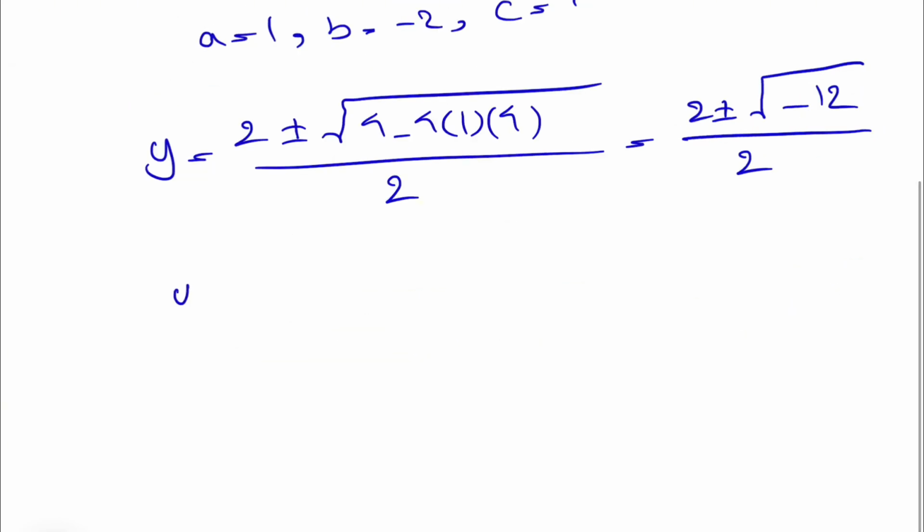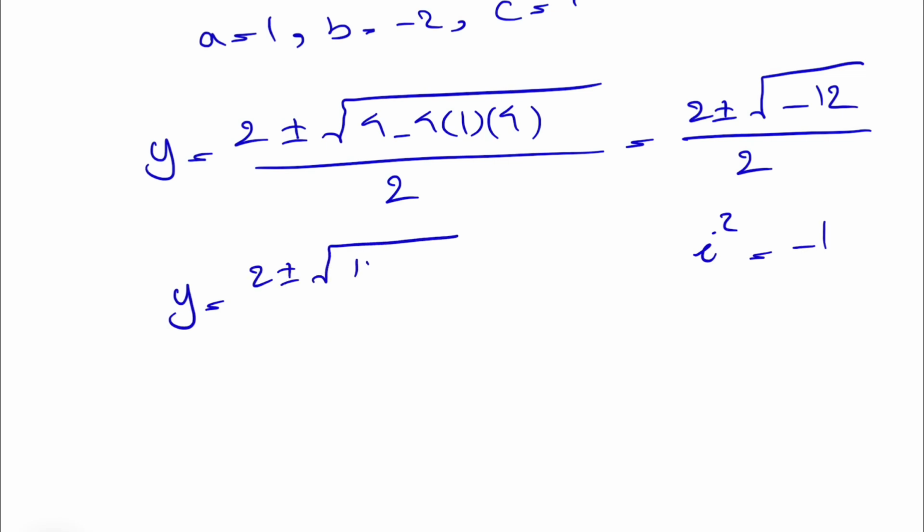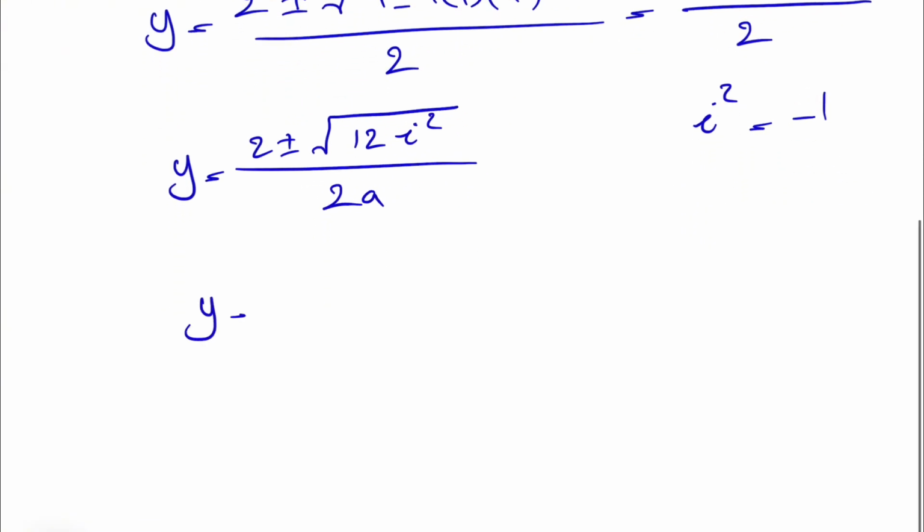We know i squared is minus 1. So we'll have 2 plus or minus the square root of 12 i squared, divided by 2, and the imaginary numbers that we're going to get. For 12, we can write 4 times 3 times i squared.